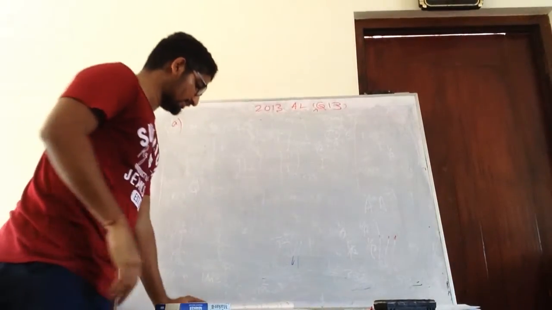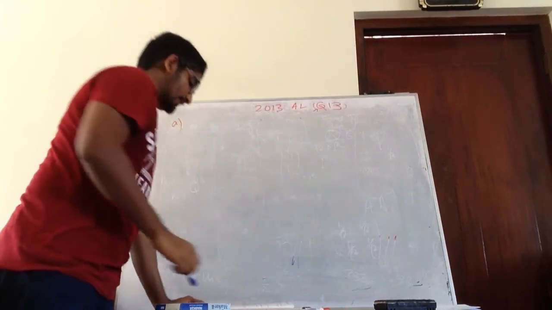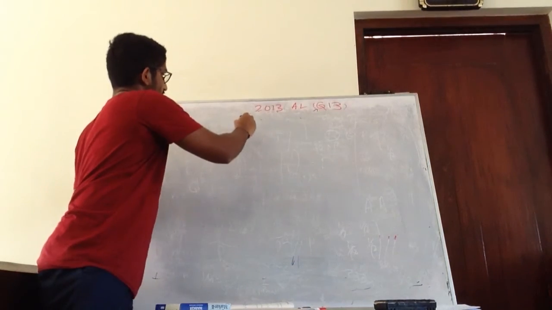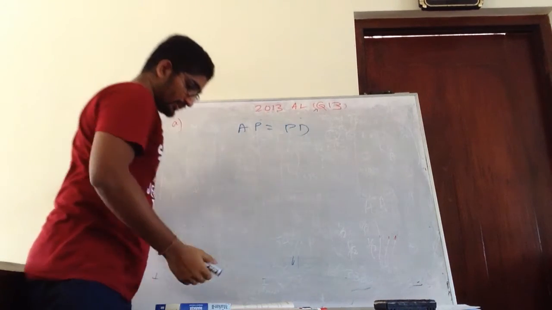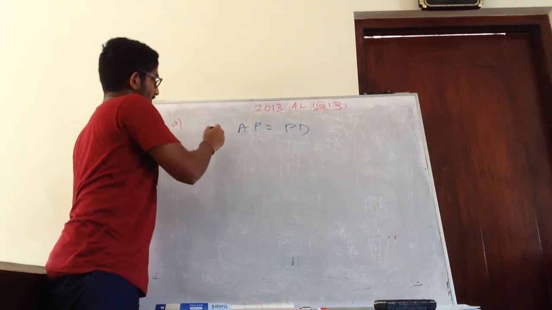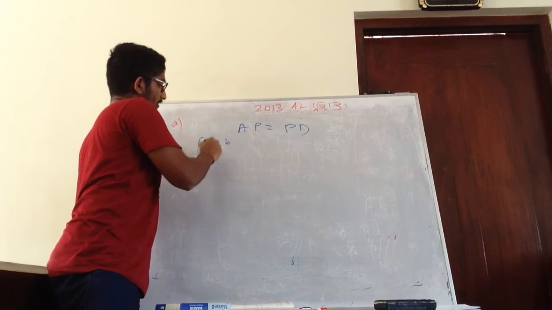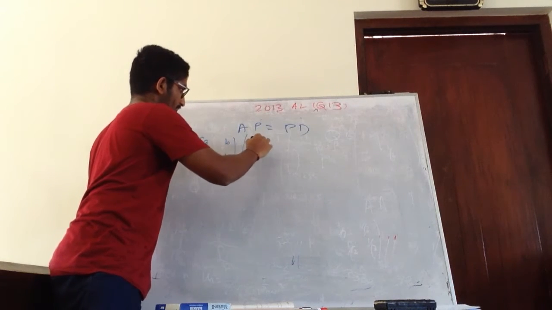Right. So the last part says that AP is equal to PD, and they have given what D is. A is a 2 by 2 matrix, so A is [a, b; c, d]. P we already know.